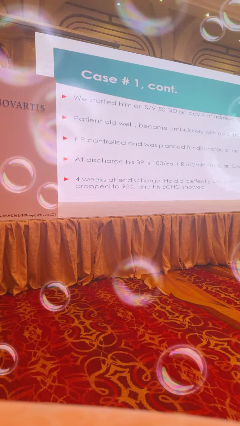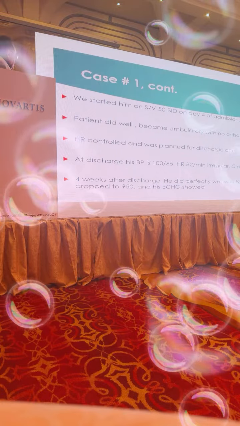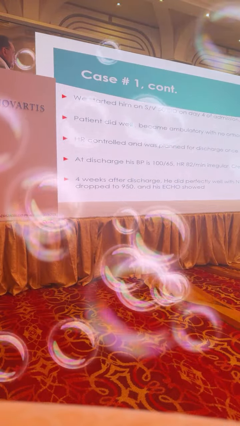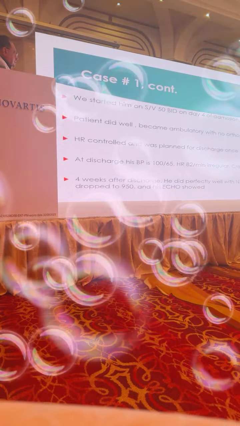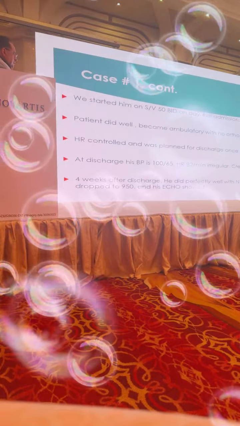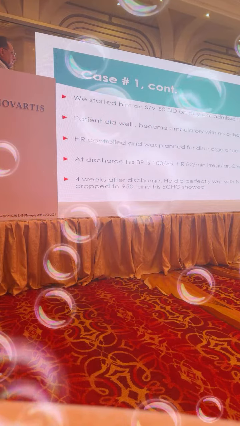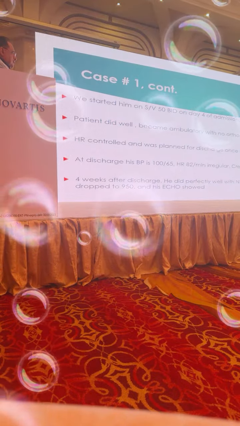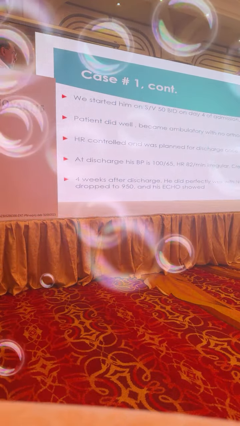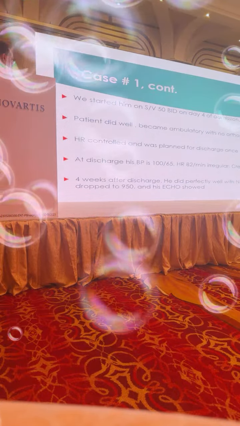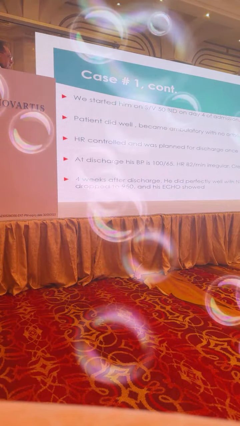Patient did well, became ambulatory with no orthopnea, heart rate controlled, and we planned for discharge with the INR therapeutic. At discharge, everything is fine. Blood pressure 100, heart rate 82, and our INR started to become approximately therapeutic. Kidney function is normal. At 4 weeks after discharge, he is perfectly well.